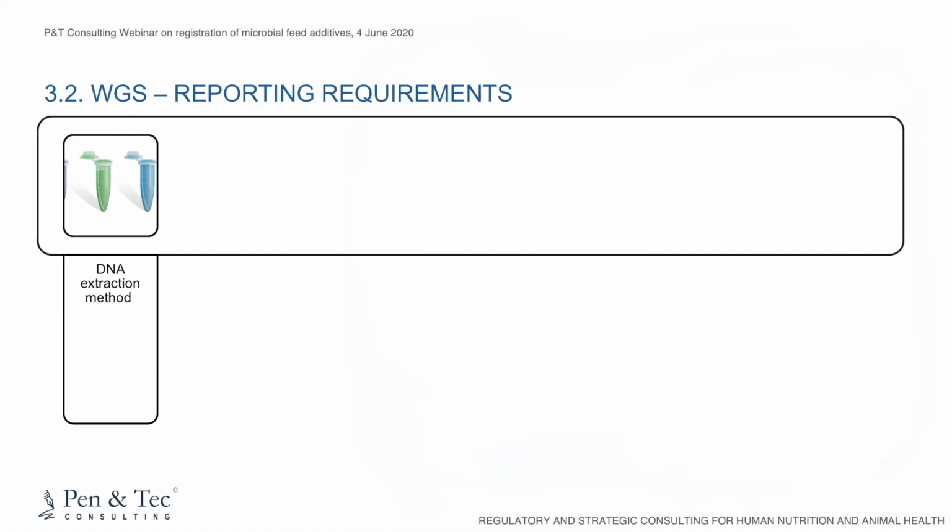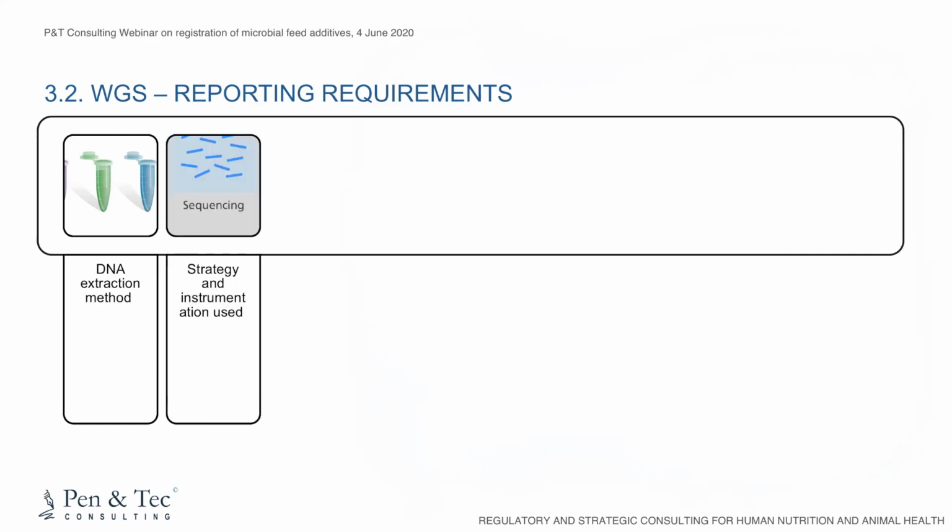The sequencing step involves determining the order of nucleotides in a DNA molecule. The strategy and instrumentation must be documented, and according to the new draft WGS EFSA statement published in 2019, the trimming of the reads is recommended.